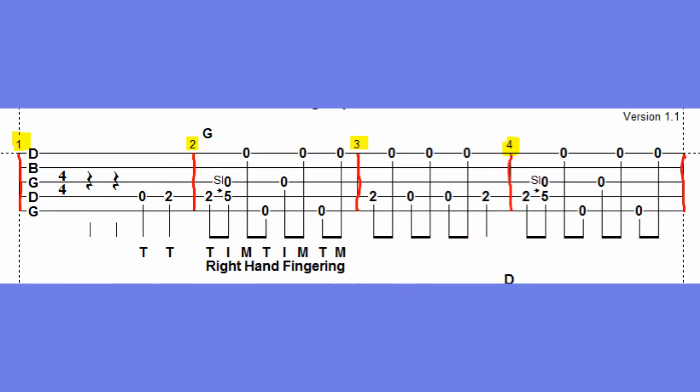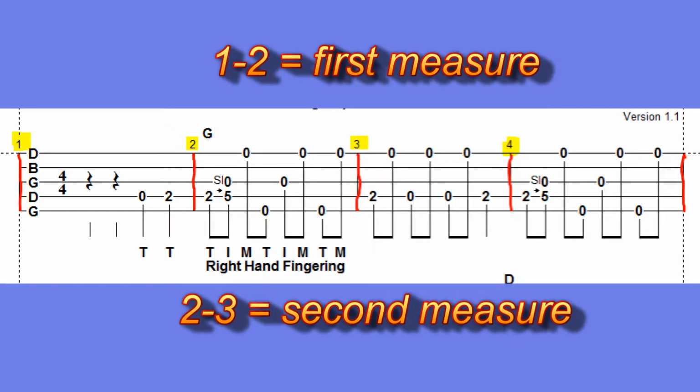In the meantime, let's expand our view of tablature and look at an example showing the beginning of a song as displayed on your screen. Take note of the vertical lines labeled 1 through 4, which are used to divide up the song into equal segments called measures. Measure is sometimes called a bar.